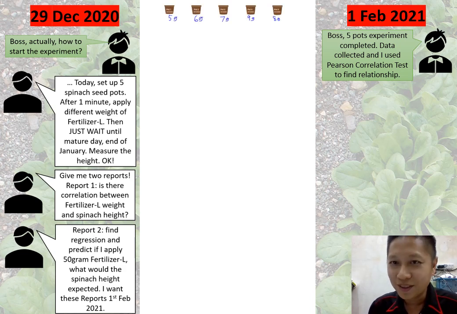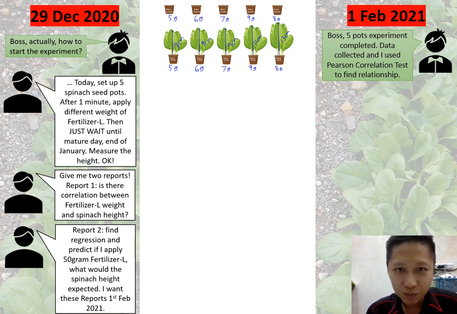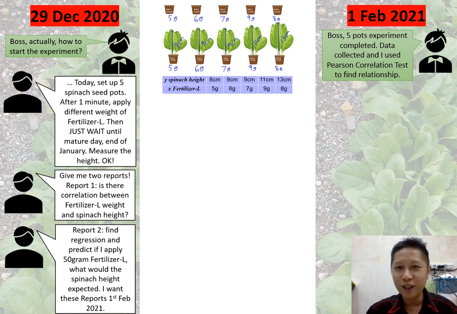This is the 5 pots experiment, and this is the result when the spinach grow maturely. I found that the first pot, the spinach plant is 8 cm, the second one is 9 cm, the third one is 9 cm, the fourth one is 11 cm, and the last one is 13 cm, boss. And I put it into the table form. Is it nice, boss?